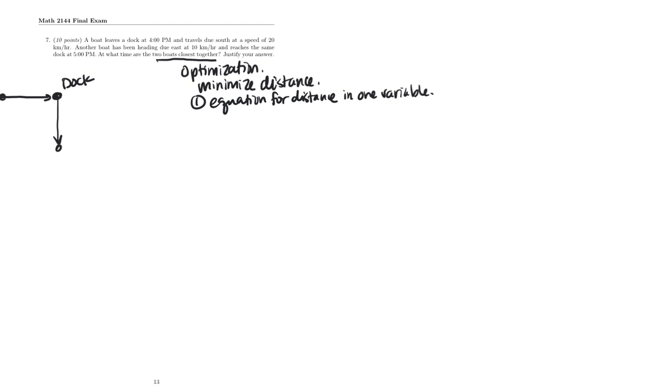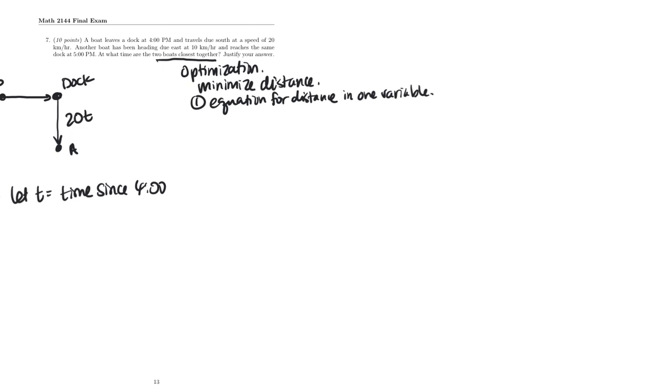So this is boat A and this is boat B. Okay, and the distance, so let's let t be the time since 4 o'clock. And so then I can say that this distance from the dock to boat A is going to be 20t.